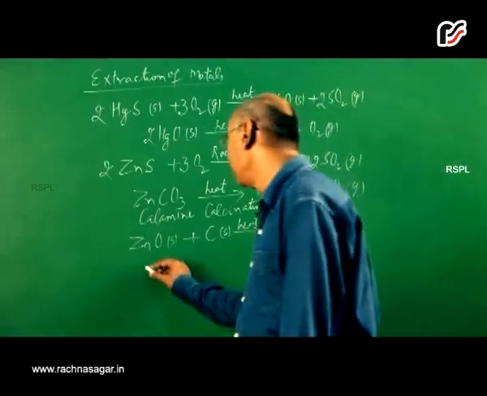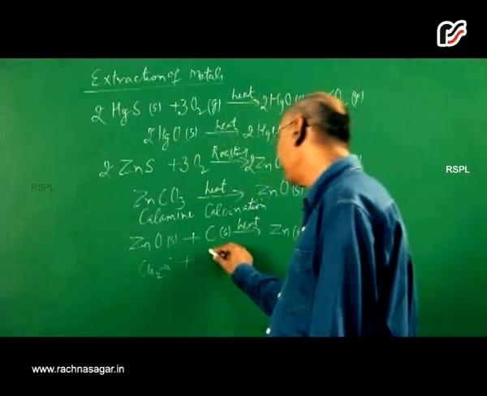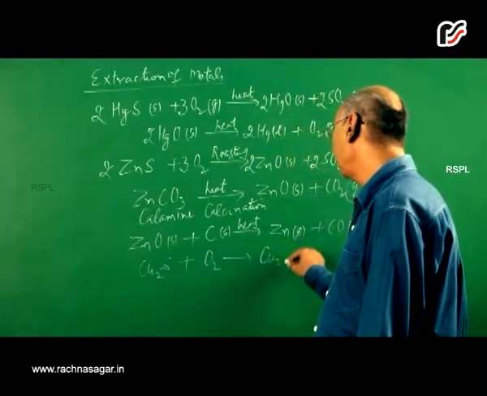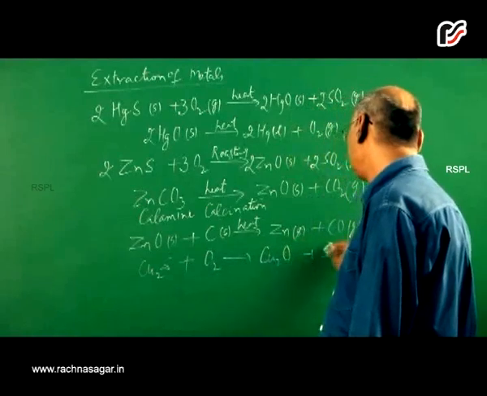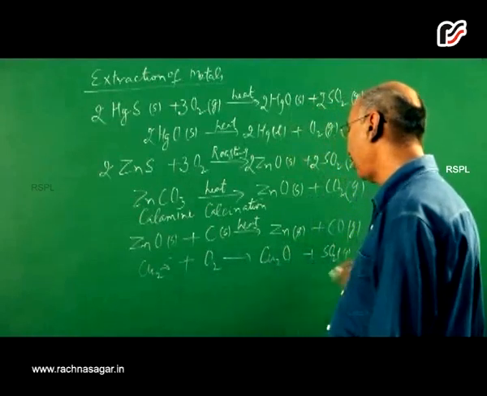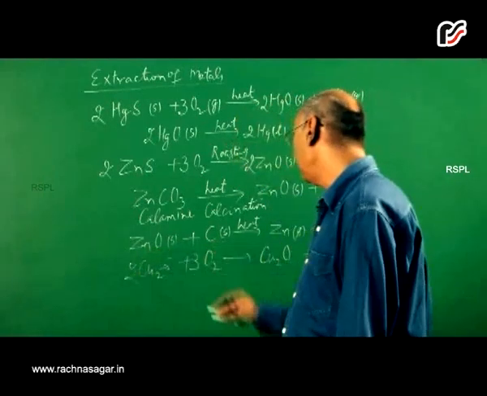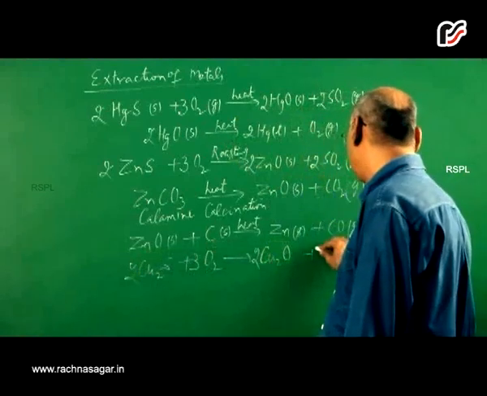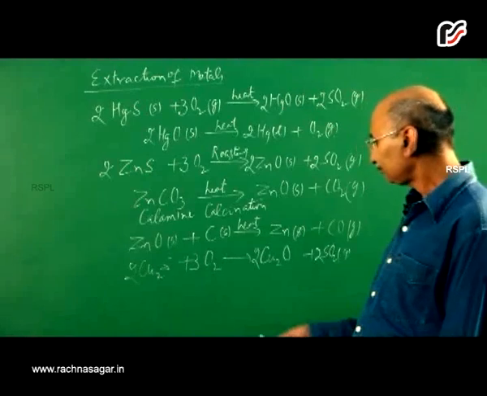If you want to extract copper from cuprous sulphide or copper glance, first step will be roasting. In roasting, cuprous sulphide will change to cuprous oxide plus sulfur dioxide gas. To balance it, 2Cu2S plus 3O2 gives you 2Cu2O plus 2SO2, 2 moles of sulfur dioxide is formed.